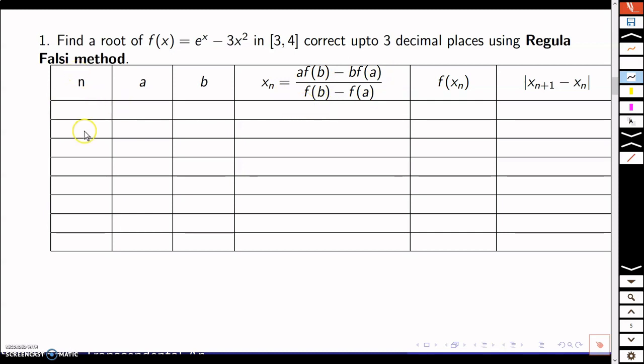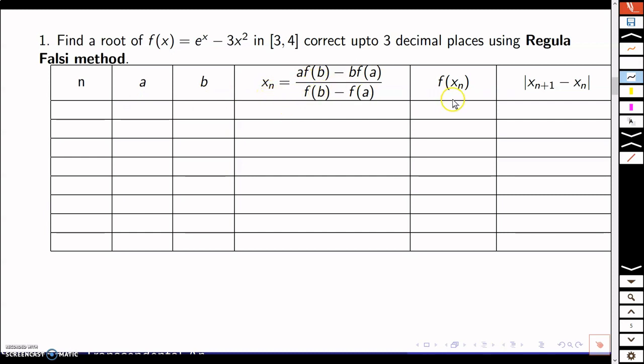Okay, so the first column is for the number of iteration. Then the values a and b, they are already given to you, right? And using those a and b, you find f of a, f of b, and you compute xn. So I will get x1 here first.